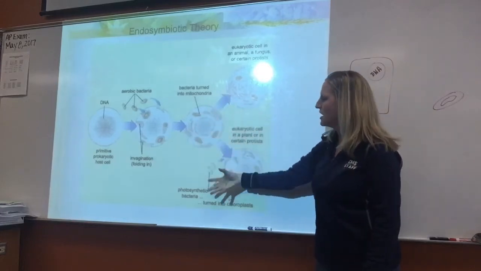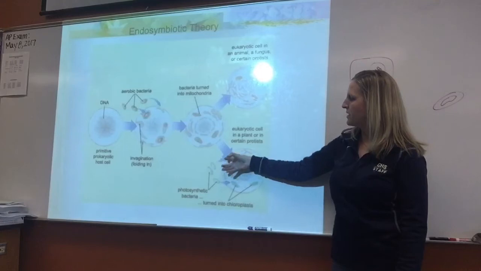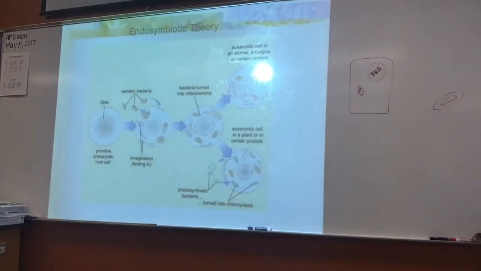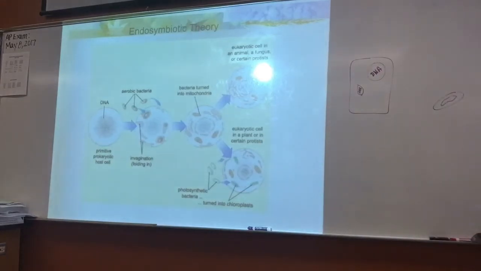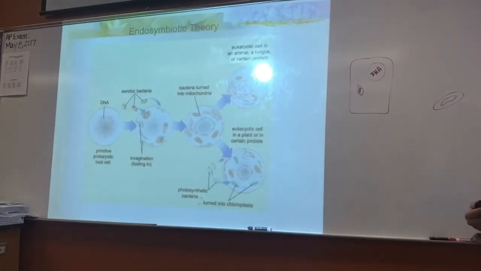If some of those engulf photosynthetic bacteria and assimilate that, we have the chloroplast, and that is the precursor to plant cells. There are some unicellular organisms called protists that can do photosynthesis as well. So that kind of shows the relatedness between eukaryotes, but also between eukaryotes and prokaryotes.